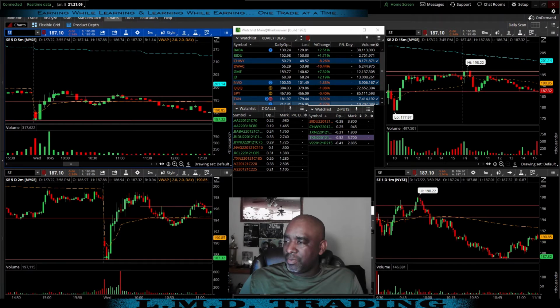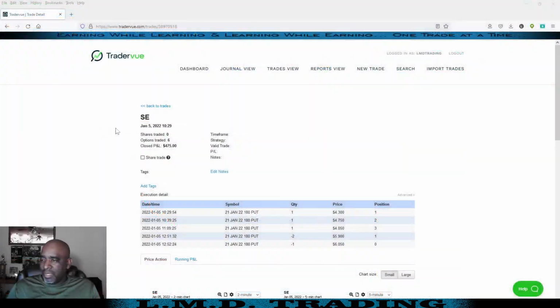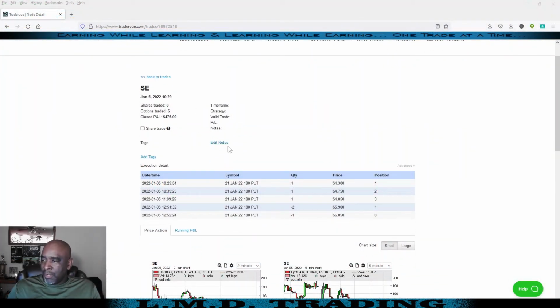I'll get it pulled up here on TradingView, and as you can see, we ended up getting right back in SE a little later on. Let's see. So we got out of SE at 9:54 on that previous trade for that $230 something loss, and we ended up getting right back in it at 10:29.